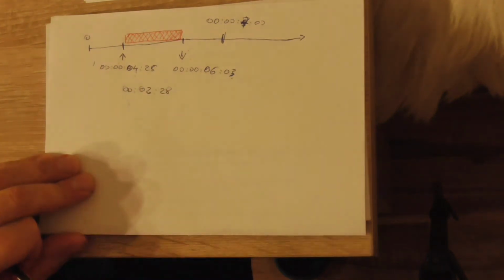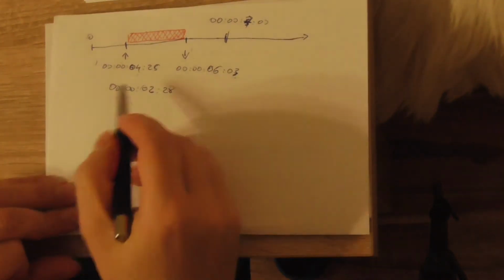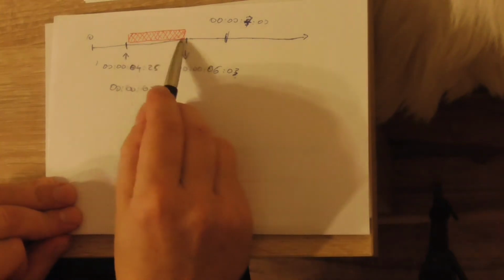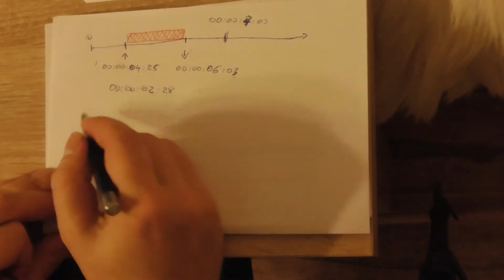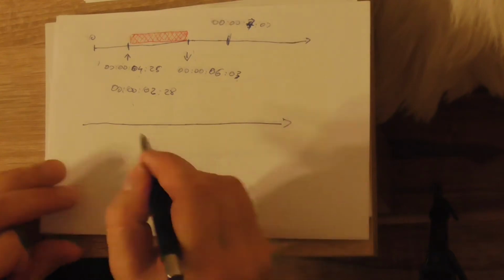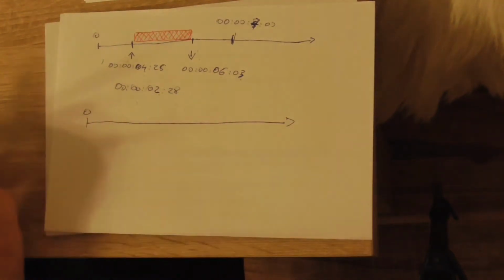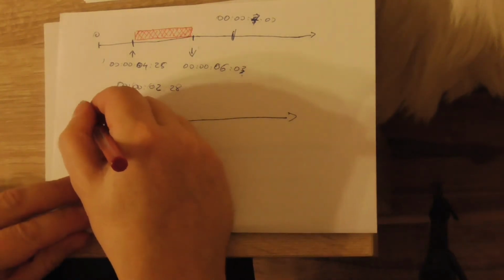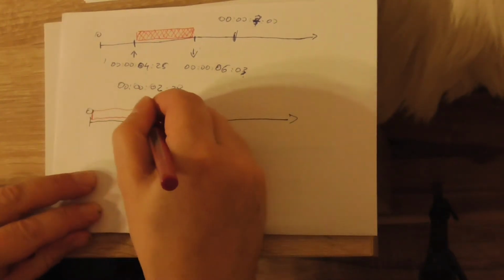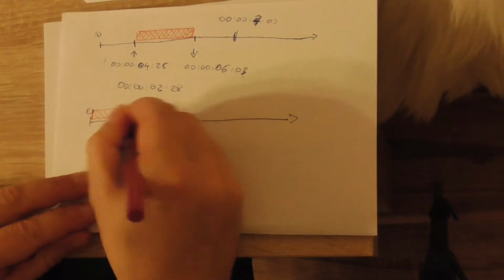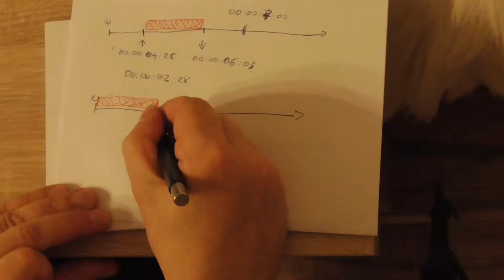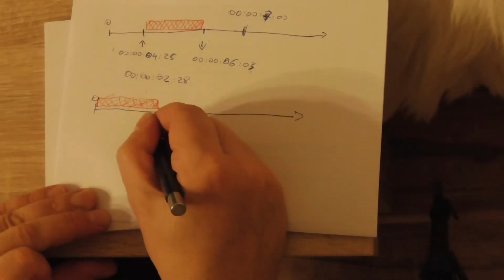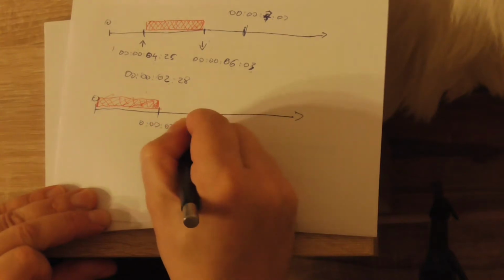And 0, 0 hours. So that means if we move this part back to 0, let's say we moved it into another timeline, our record starting from 0, 0, 0, 0, 0, 0 will be, if we want to move this record from exact 0, here 0, 0, 0, 0, 2, 28.